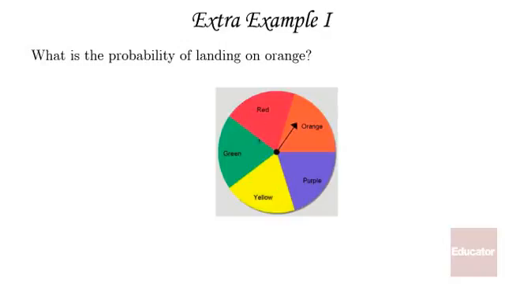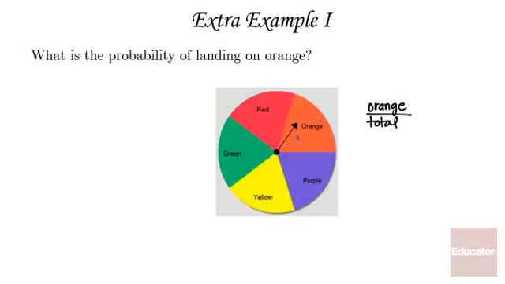What is the probability if I spin the spinner of landing on orange? That means orange is my desired outcome. That's what I'm asking for, right? So the orange is going to go on the top, and then the total, or the whole thing, is going to go on the bottom.